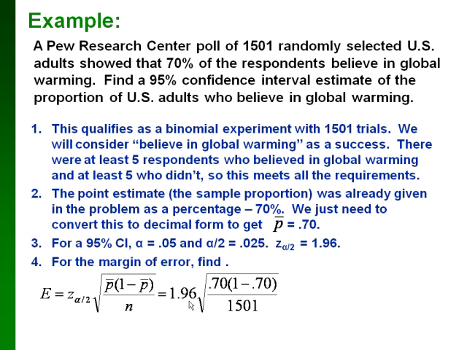So we put in the 1.96 for the critical value and our sample proportion of 0.70 here and our sample size of 1,501 there. And this turns out to be 0.023183.